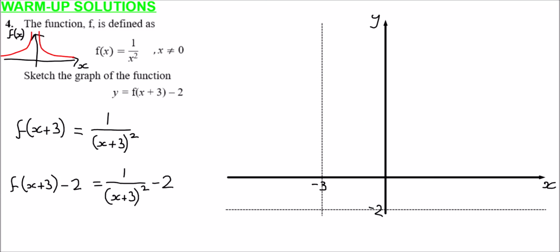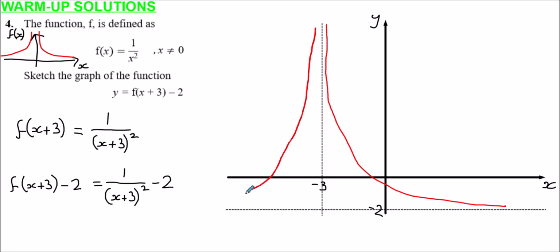And so just sketching this here as well as I can, we then curve away down here, like so, and the same at the other end. As you can see, my sketching is absolutely pants. And it would go towards but never touch minus 2 at the other end.